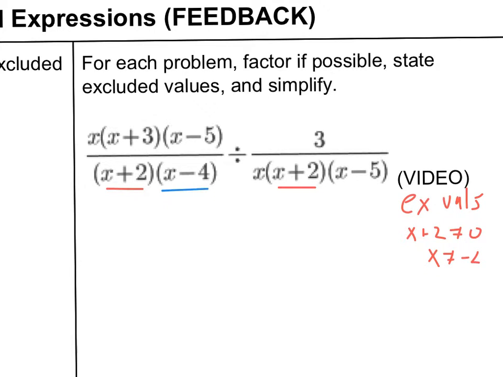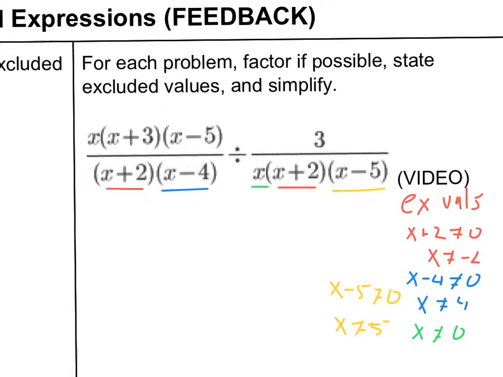X minus 4 cannot be 0, therefore x cannot be 4. X cannot be 0. And finally, x minus 5 cannot be 0. Therefore, x cannot be 5.